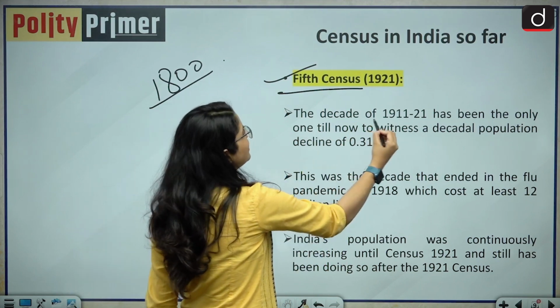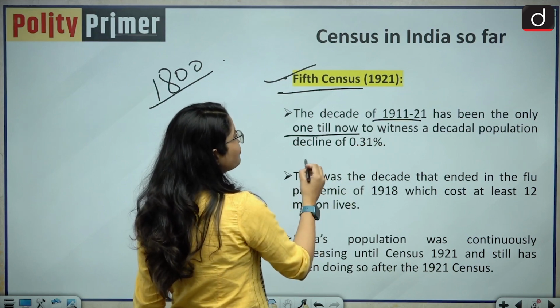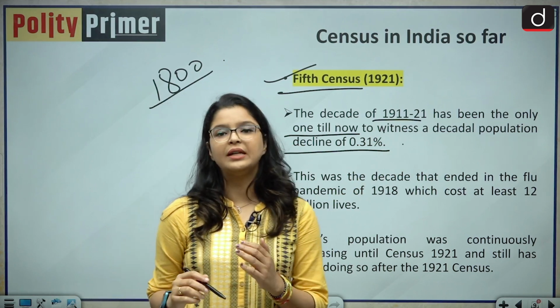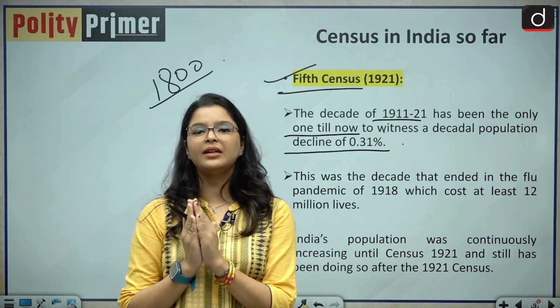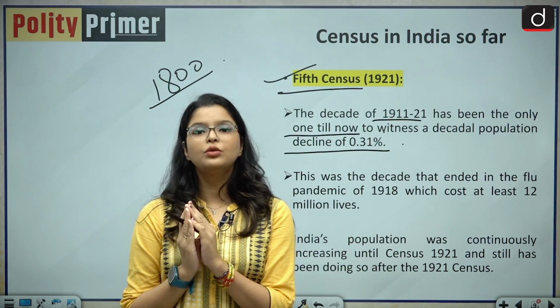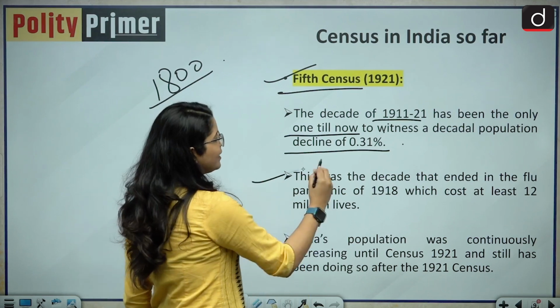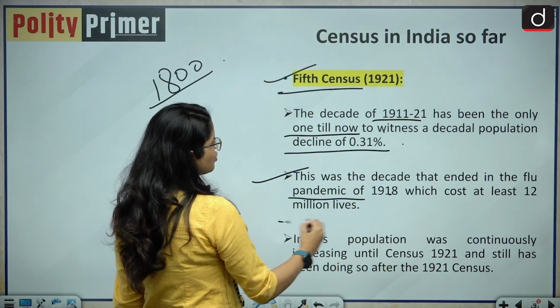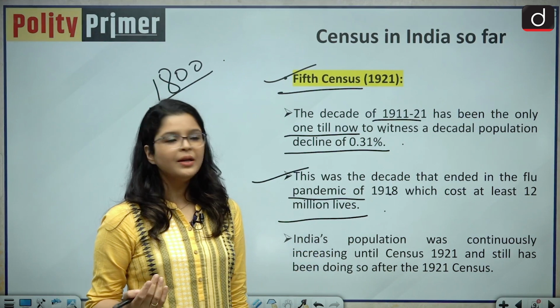The decade of 1911-21 has been the only one till now to witness a decadal population decline of 0.31%. So this is the only period which has witnessed the population decline. This was the decade that ended in the flu pandemic of 1918, which cost at least 12 million lives. So this was the impact of a natural calamity.